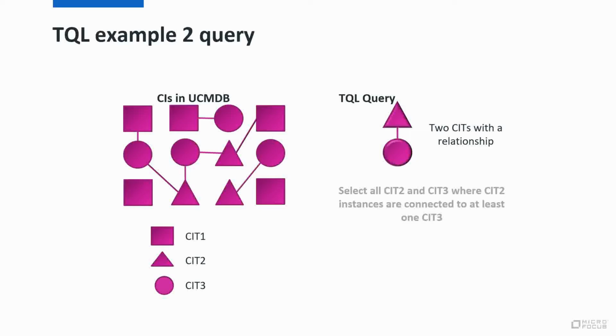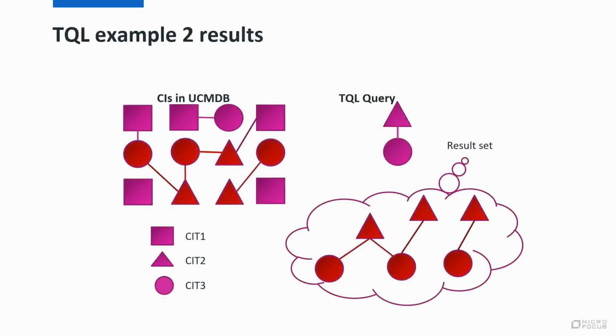Let's say for a second example, we want all triangles that are connected to at least one circle. So, in this case, how many triangles do we have that are connected to a circle? There are 3 triangles connected to 3 circles.